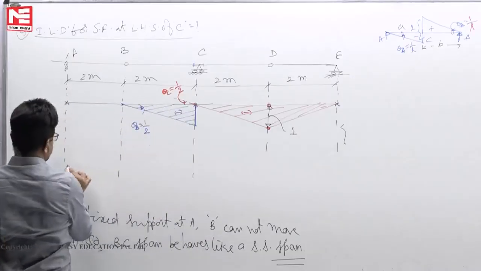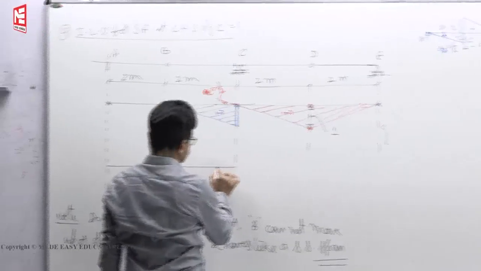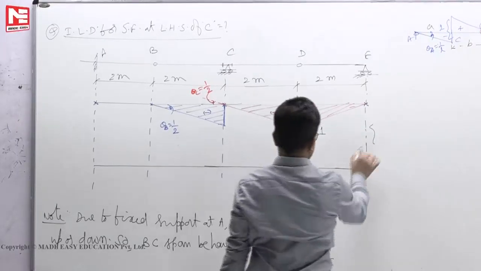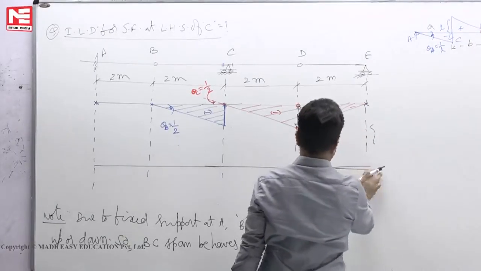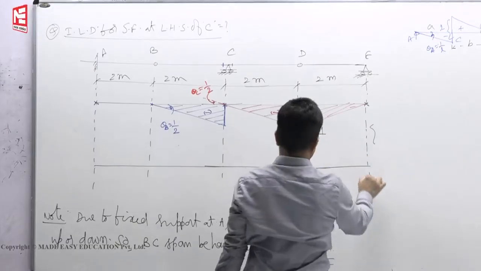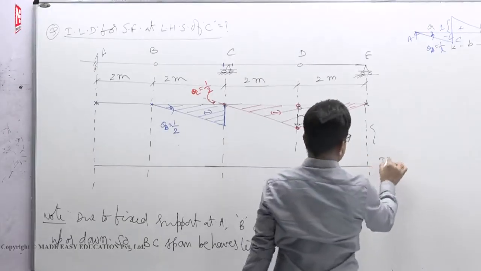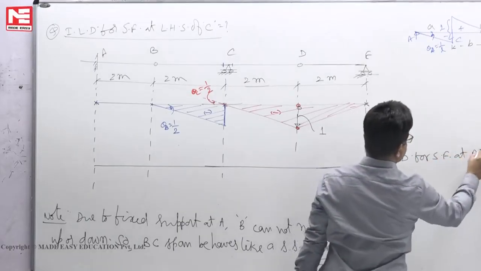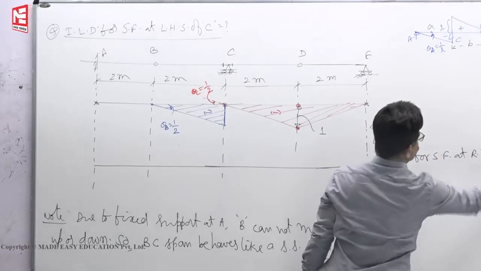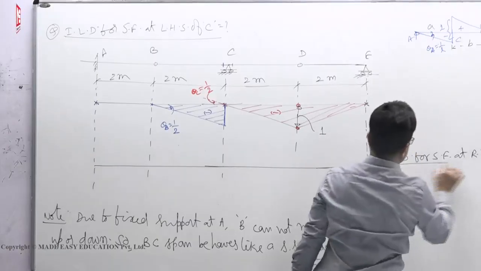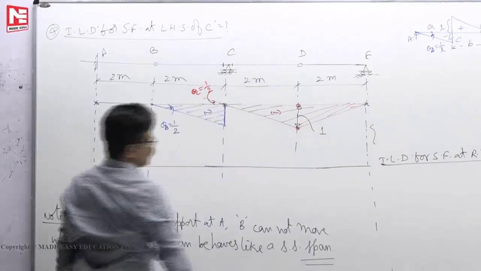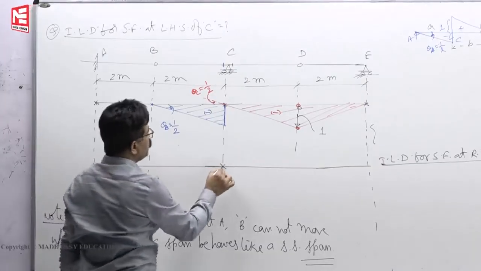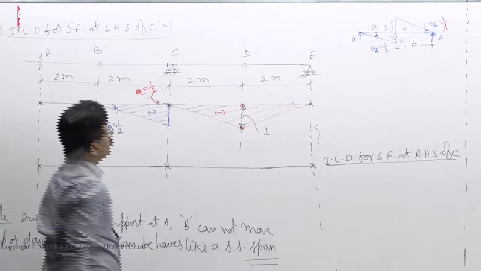Now let us see the ILD for shear force at RHS of C. Same process here also, without removing the supports at A, C, E. Now where should we cut?